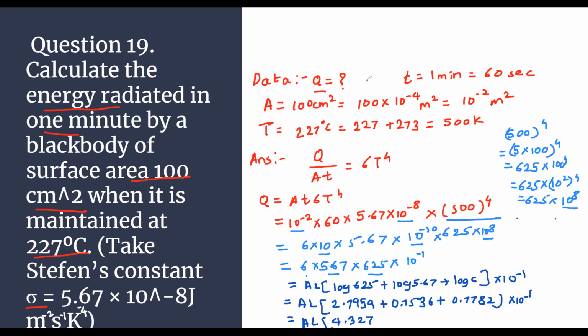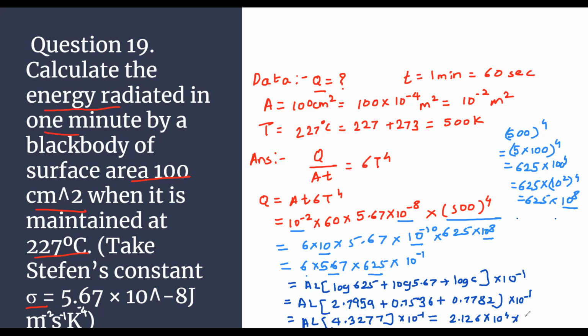Then we need to take the antilog of this number. 10 raised to minus 1 is already there. Now the antilog of 4.3277 is 2.126 into 10 raised to 4.